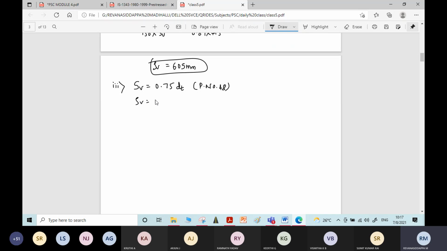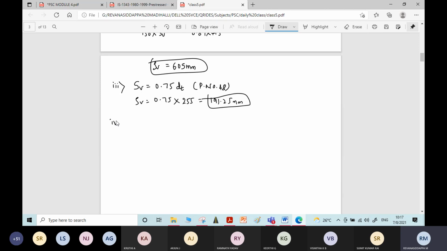SV is equal to 0.75, effective depth is 255. Answer? 191.25 mm.